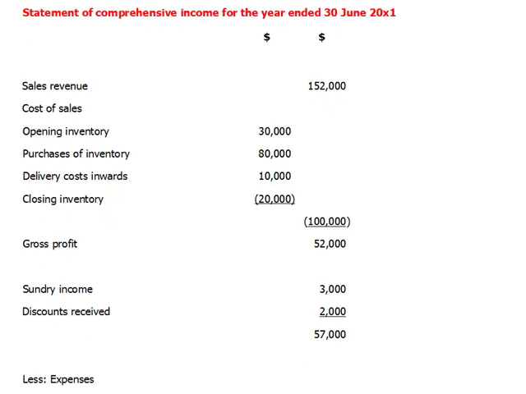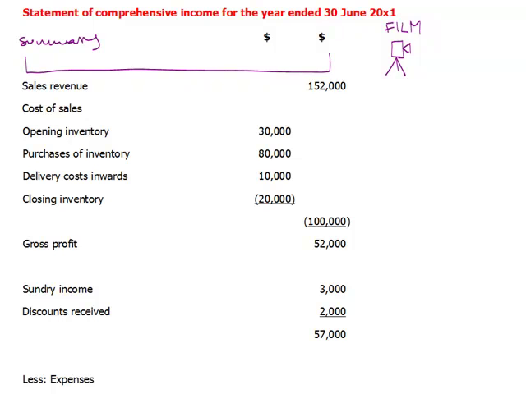If we move to the statement of comprehensive income, if the balance sheet or the statement of financial position is a snapshot, then statement of comprehensive income is a film. Right? It is a summary of everything that happened during the last year.